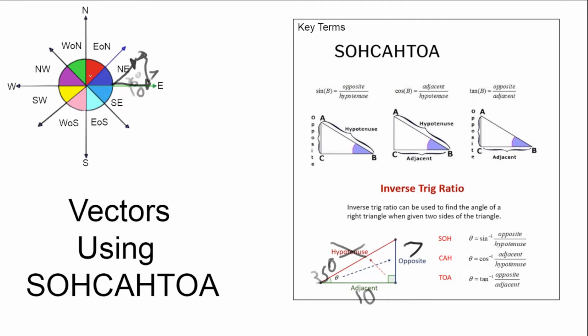We go up, then we go right. North of east, we go right, then we go up. Same thing for southeast, we're going right, then we're going down. East of south, down, then right. West of south, down, then left. And then left, then down. And then left, then up. And same thing there, up, then left. So that would be how that would work.